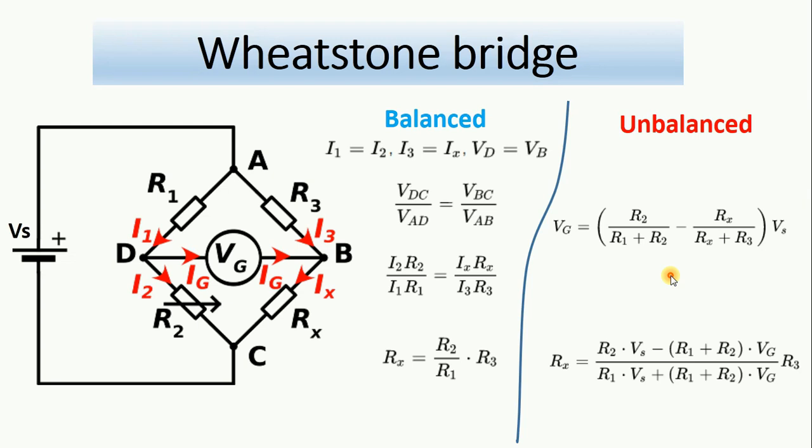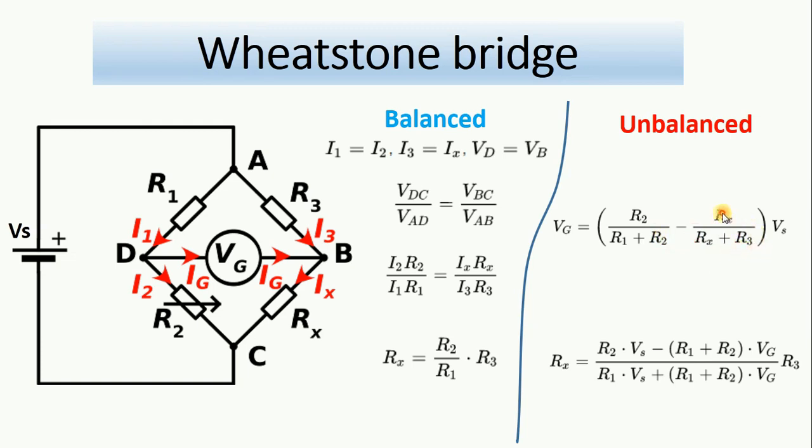And we can see that if we use a very high resistance for R3 and we keep R1, R2 constant, this means that this term will be small, because R3 is in the denominator.